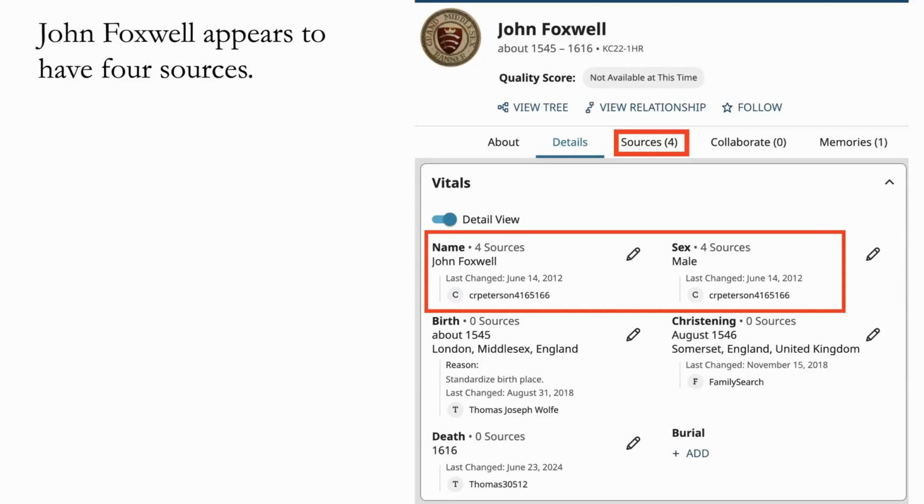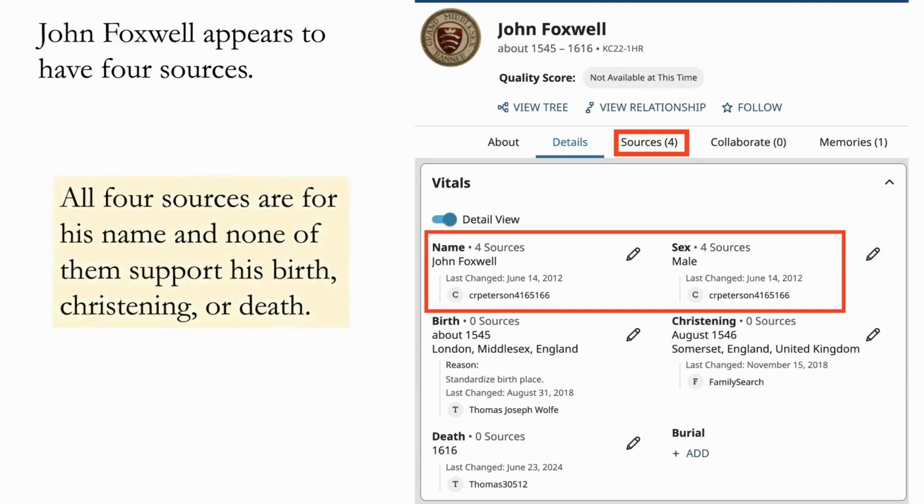So where did the birth date and the christening date come from? I know somebody put them in, but besides that. All 4 sources are for the name, and none of them support the birth. That's the problem here.